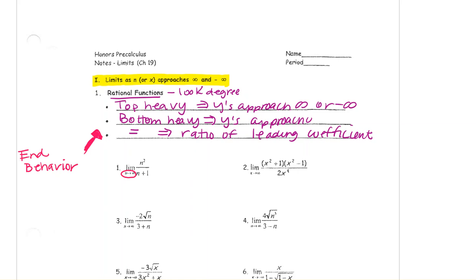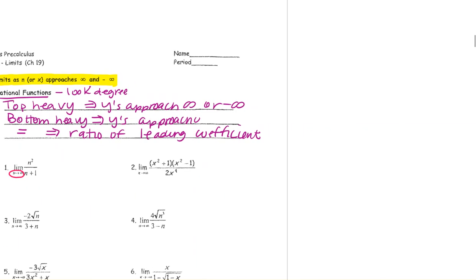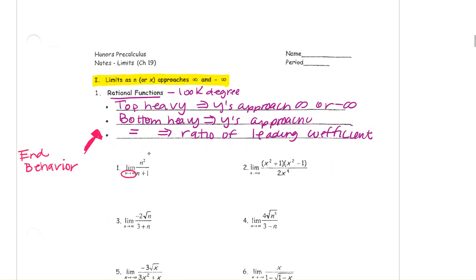In this case, I would look at the bottom, see n approaches infinity, and then look at my degrees. The numerator is degree 2, the denominator is degree 1, so this is top heavy, and I'm going to circle this. That's how I'm going to know it's top heavy.